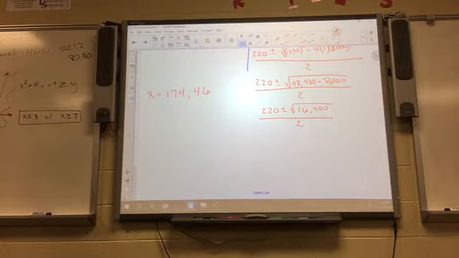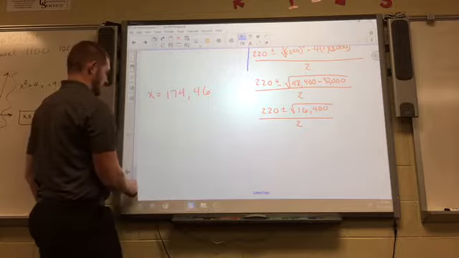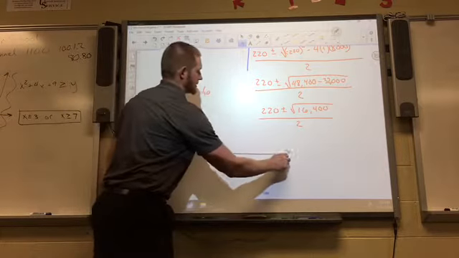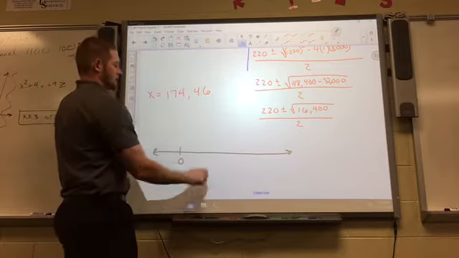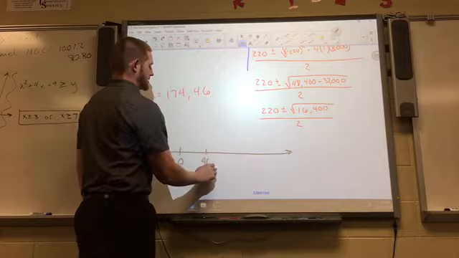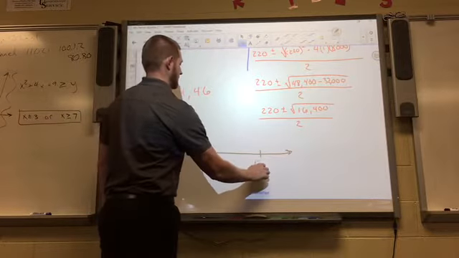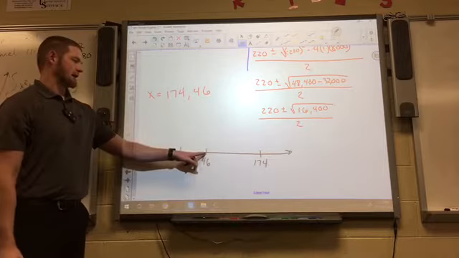But I don't know where to shade. Now, if you think about this a little bit, we're talking about a rectangular parking lot, agreed? Because we're talking about area and perimeter, would it make any sense for your options to be outside of this?